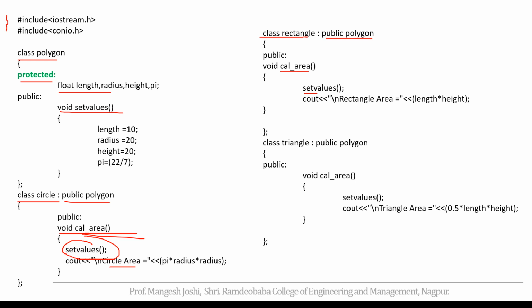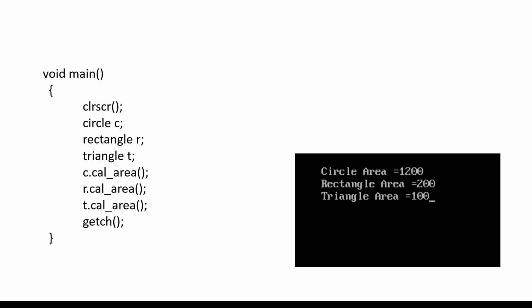Again we will set the values for the variables and then calculate the area of rectangle by length into height. Again this is the third class derived from polygon. In again calculate area function, you have set the values to calculate the area by 0.5 into length into height. So in this way we have derived all the three classes from the base class polygon.